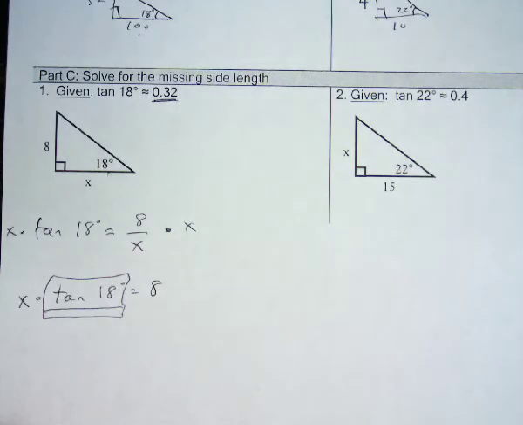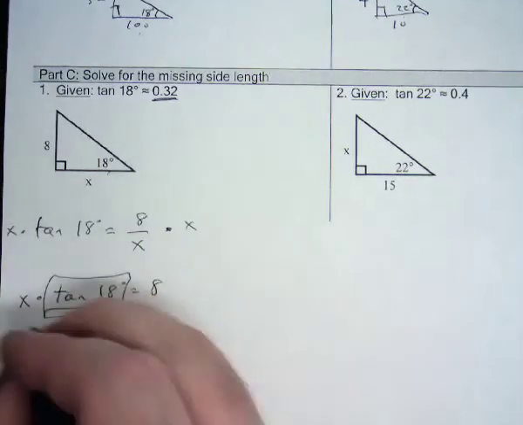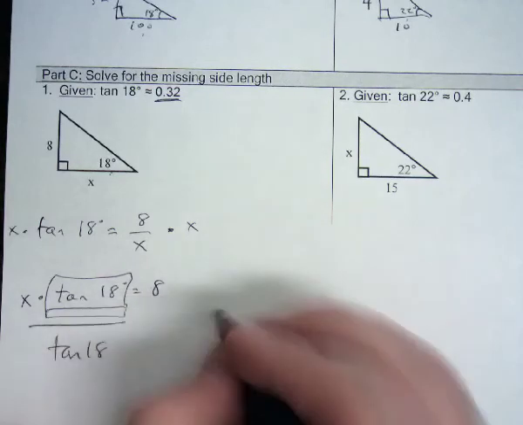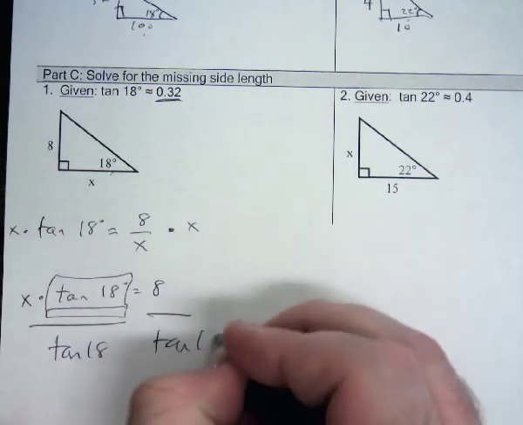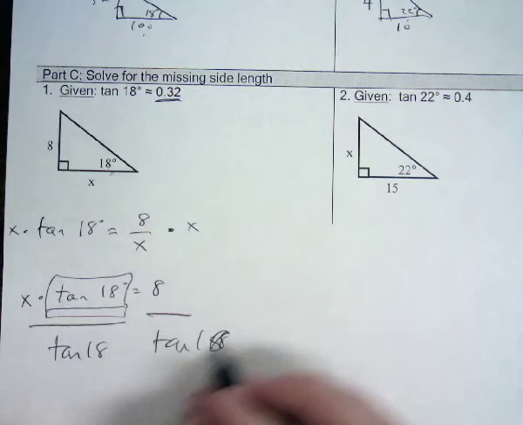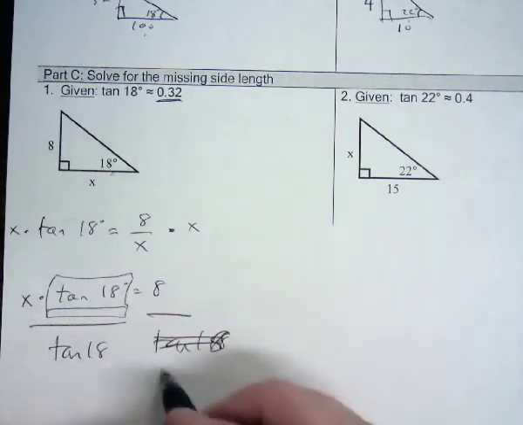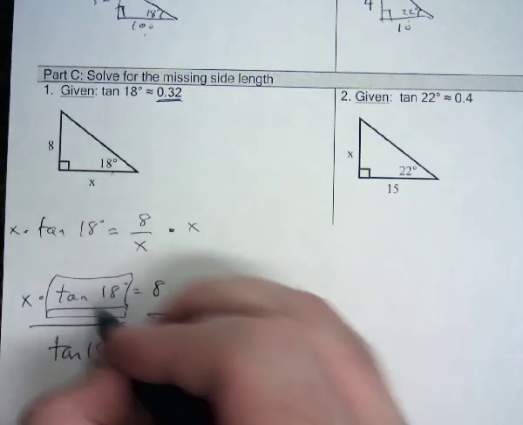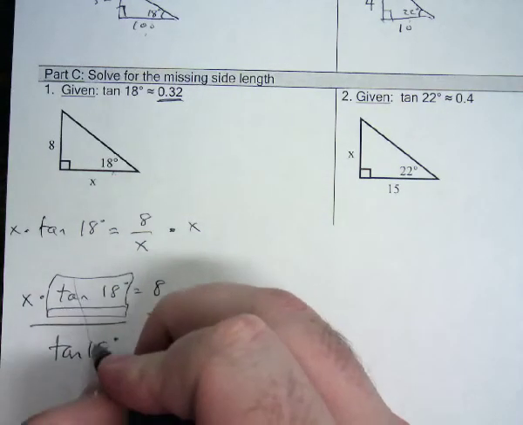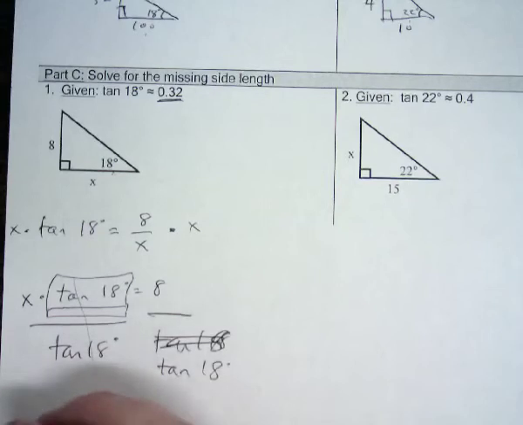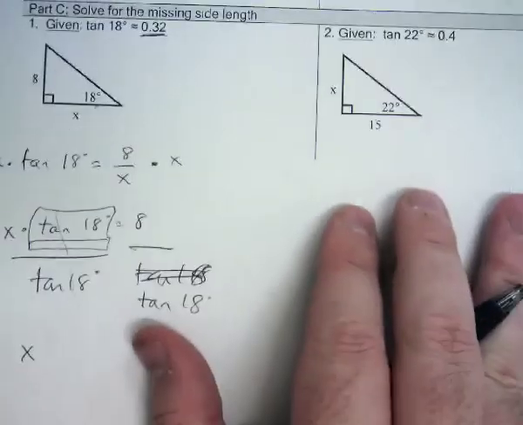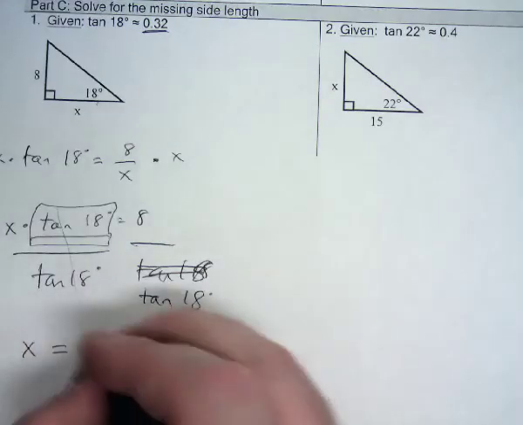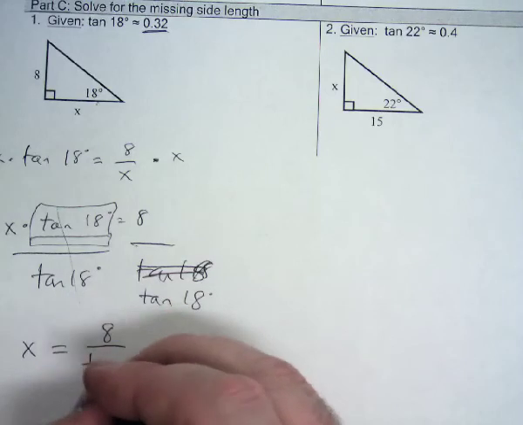So we're going to divide both sides by tangent 18. Here, you'll see they'll cancel out. I'll be just left with x, and I'll get x equals 8 divided by tangent 18.